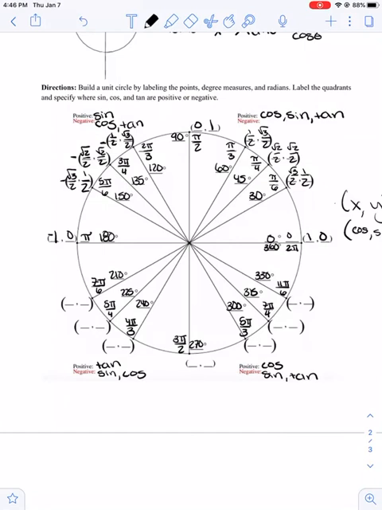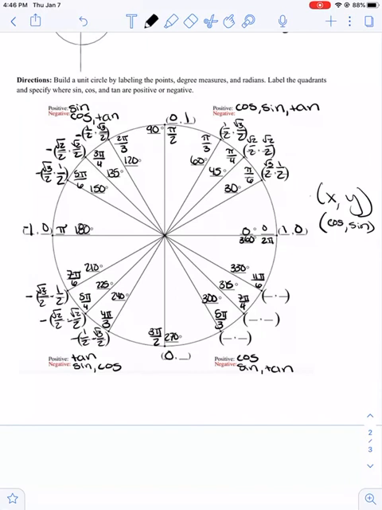And then fill out the bottom half. We have, now both are negative. So negative root 3 over 2, negative 1/2. Negative root 2 over 2, negative root 2 over 2. Negative 1/2, negative root 3 over 2.